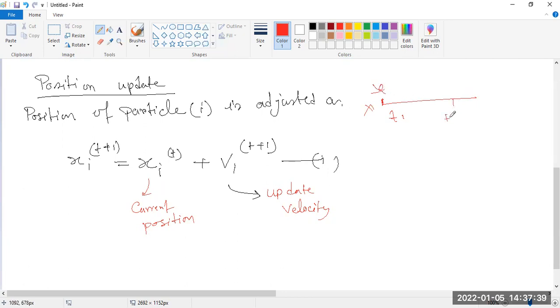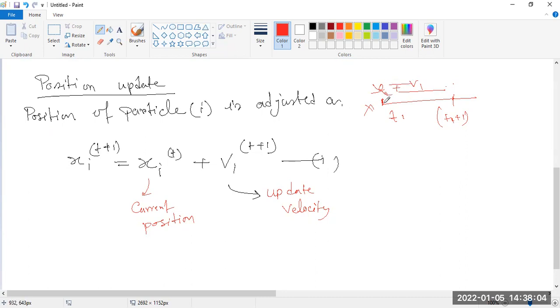After t2, which is t1 plus 1, the velocity is v1, so you reach the current position plus velocity, and you get the new position. So this is the position update.